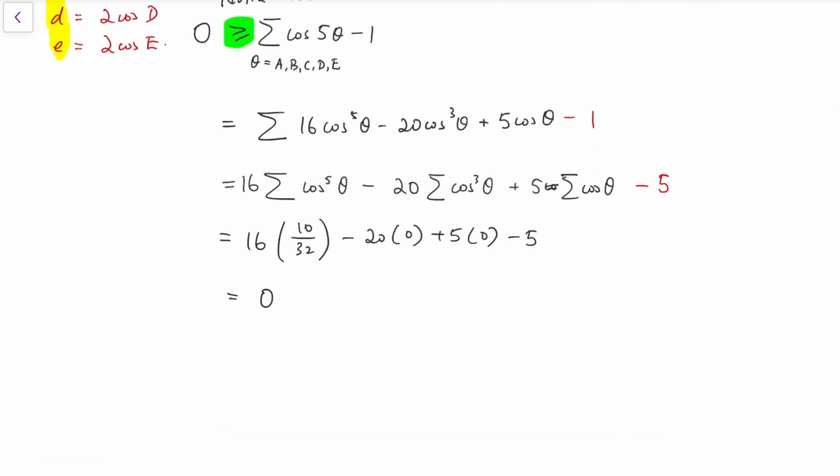And the moment when this equality holds is that cos of 5 times each of these angles is really equal to 1.